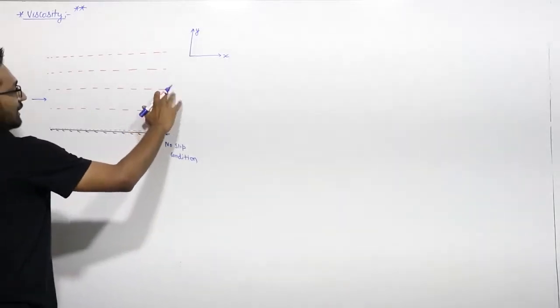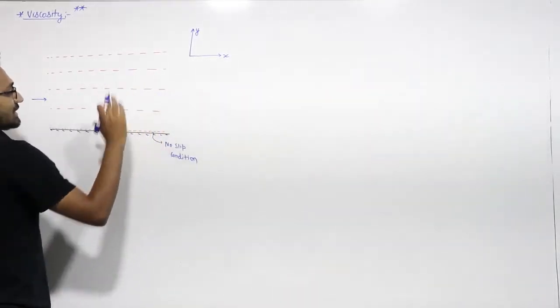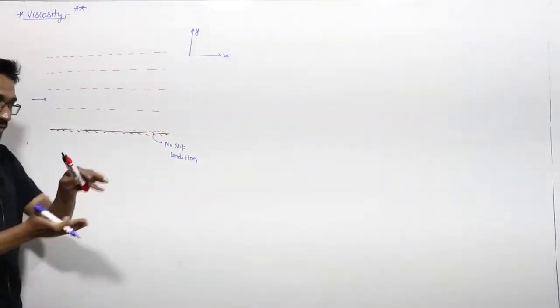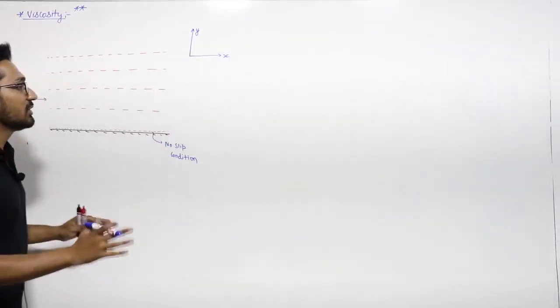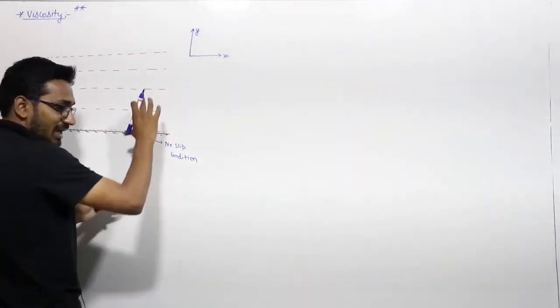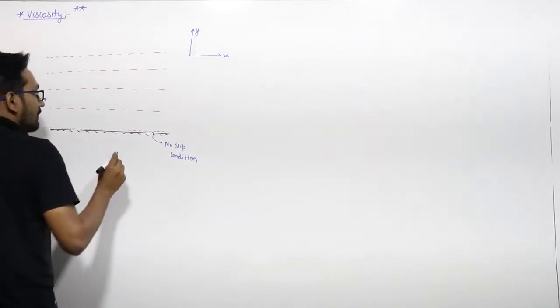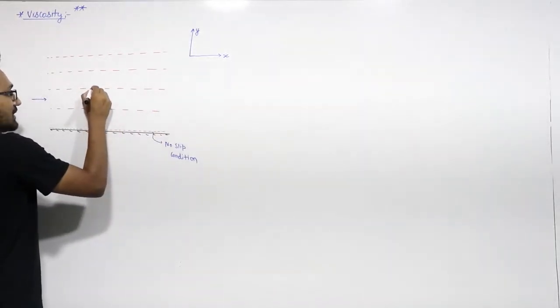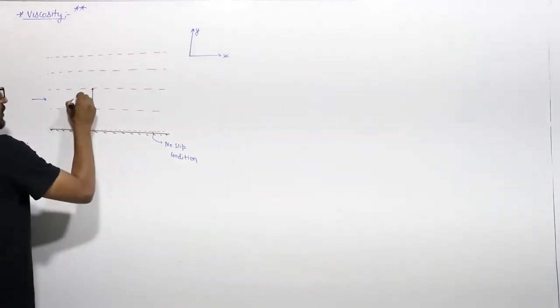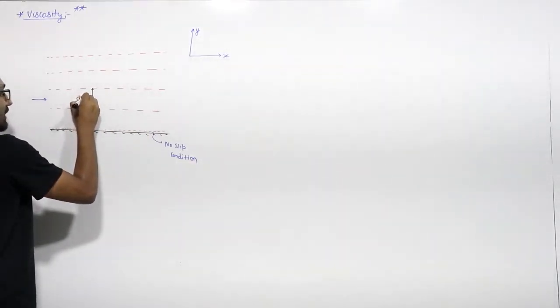Now for better understanding, we take two adjacent layers. Just for your understanding we draw them with some distance between them, but they are adjacent layers, and the distance between these two layers is dy.